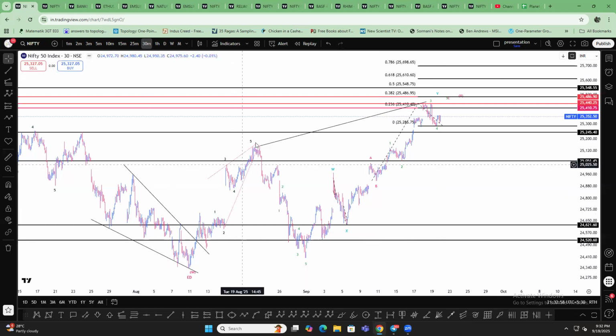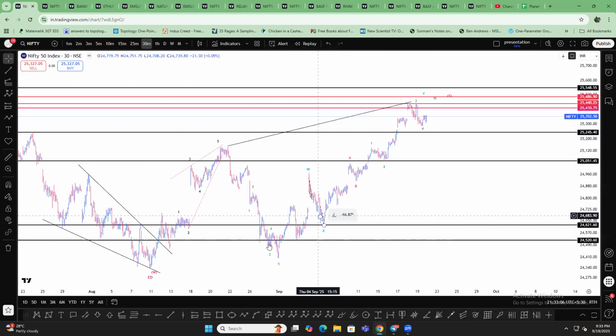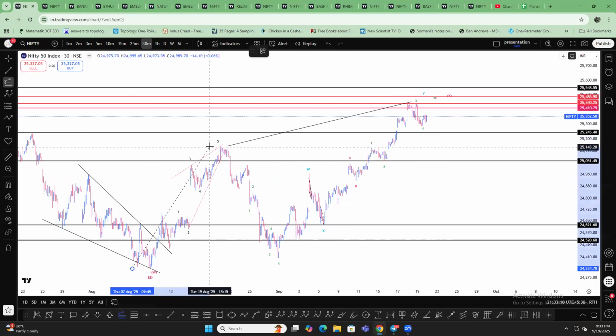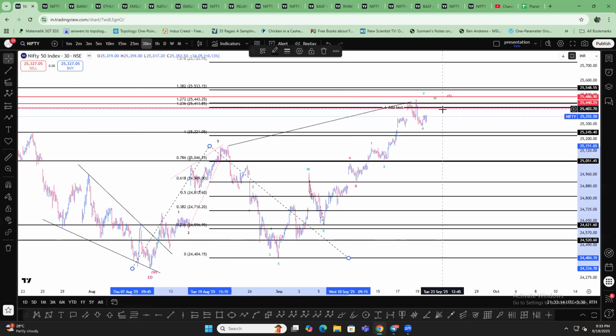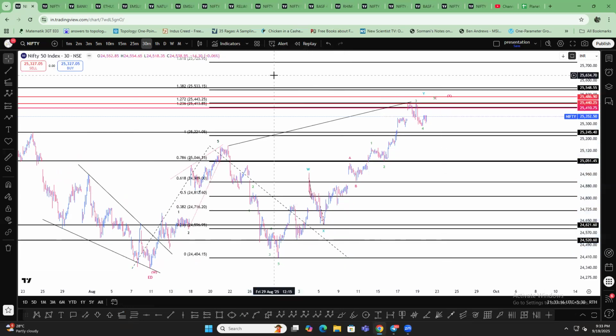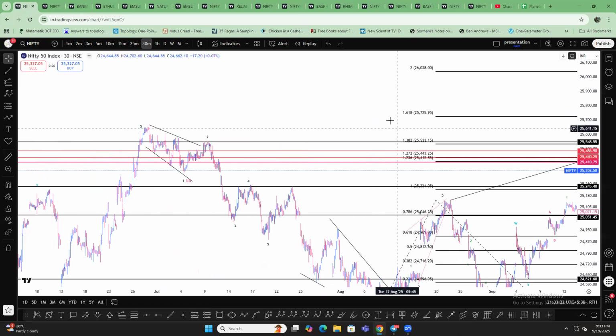But our invalidation level, which we should always keep in mind: WXY, if it is W and ABC, then WXY cannot move past more than 1.618%. So this is W, X, and Y. So the invalidation level comes here, 25,725, right?